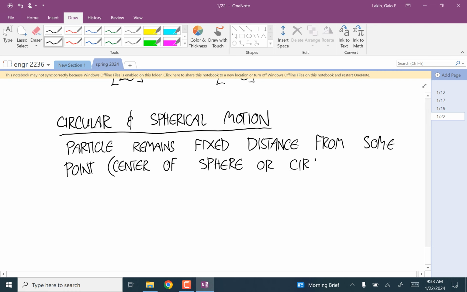The circle would be in 2D and the sphere would be in 3D. When you did this in Physics 1, you probably focused more on circular motion.